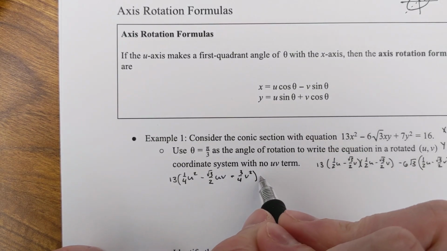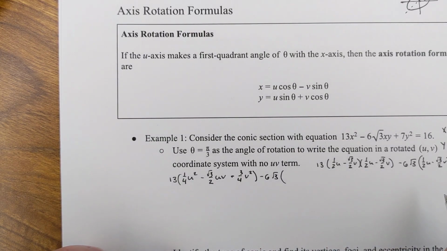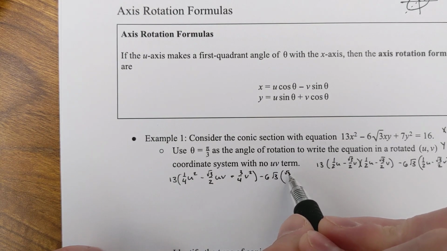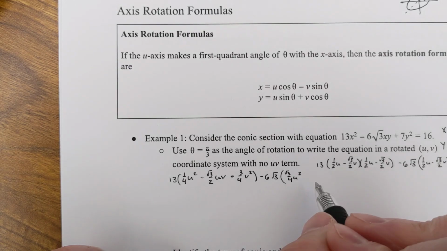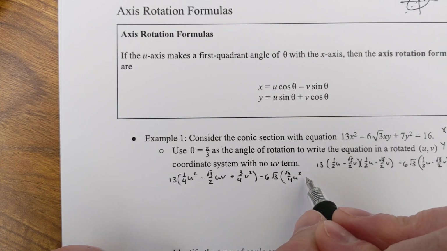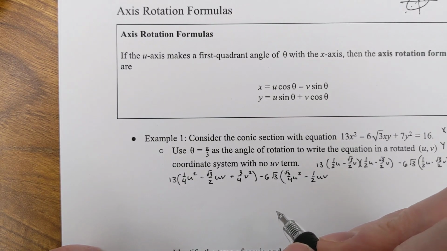plus negative 3/4 v squared. So that's expanded, minus 6 root 3. This one's going to come out to be root 3 over 4 u squared. That's that one. Then it's going to be 1/4 uv minus 3/4 uv. So 1/4 minus 3/4, that's negative 2/4, which is negative 1/2 uv.